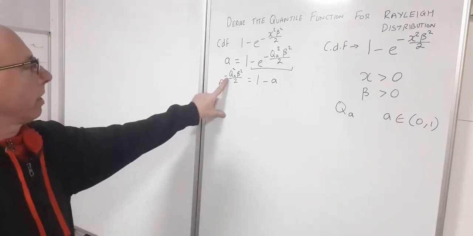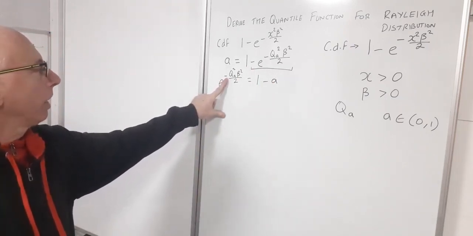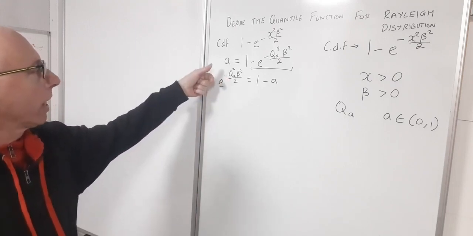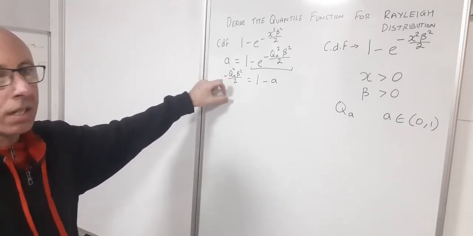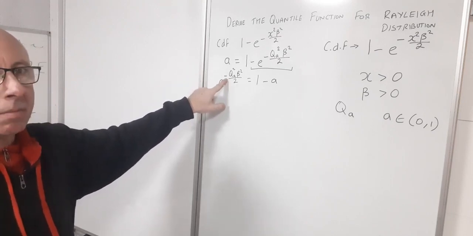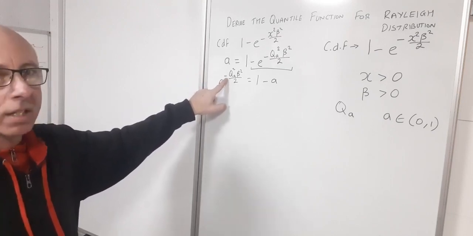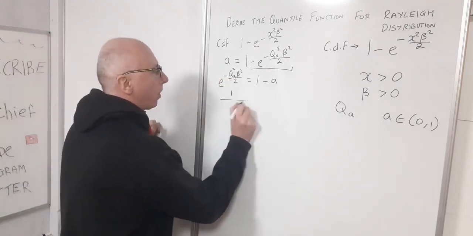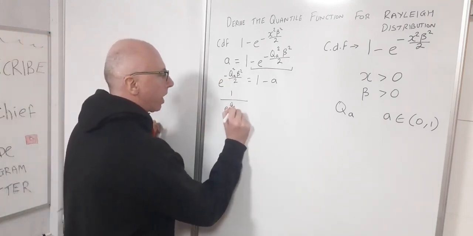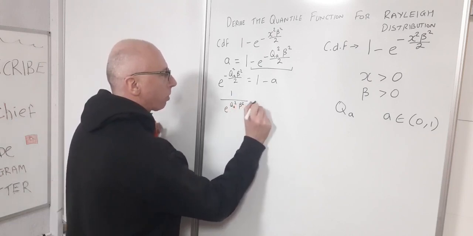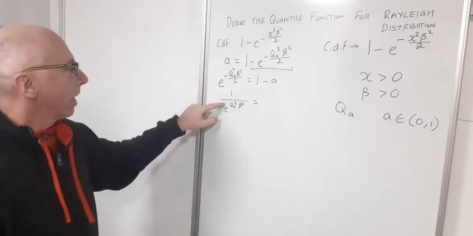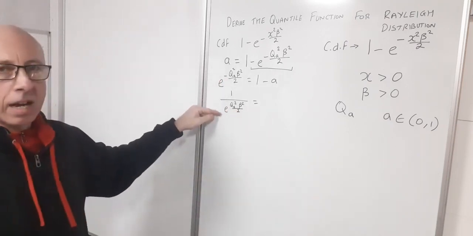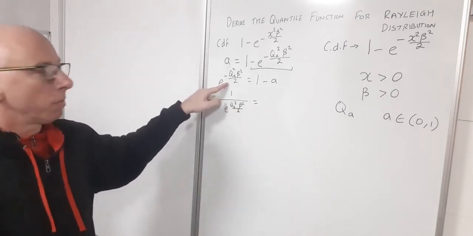Okay, now this minus sign in here, if I'm going to take the natural log, I want to try and get rid of that. So I'm going to take the reciprocal of these, then I'm going to try and get rid of this minus sign. But first of all, I'm going to write it without the minus sign. So I've got 1 over e to the Q of A squared beta squared. So that is the same as that without the minus sign, because that's now on the denominator rather than on my numerator.